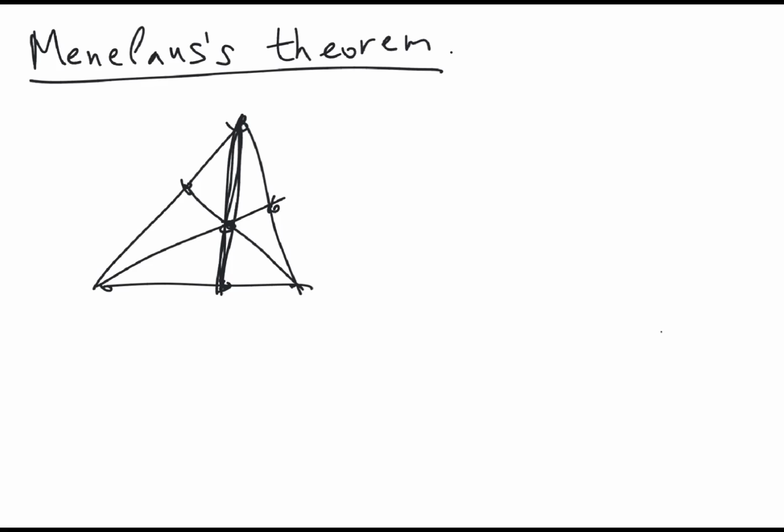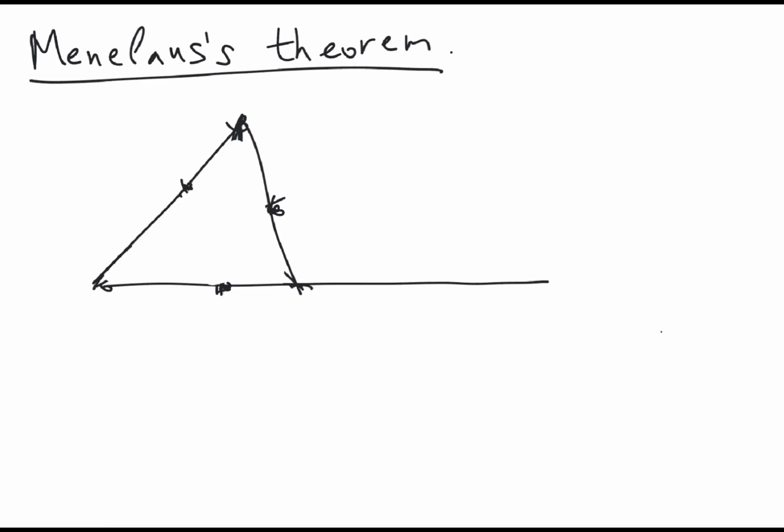In the Menelaus theorem, again we have a triangle, we have 3 points on the sides or extensions of the sides, but now the criterion is not for the lines to intersect at a single point, but for these three points to lie on a single line.